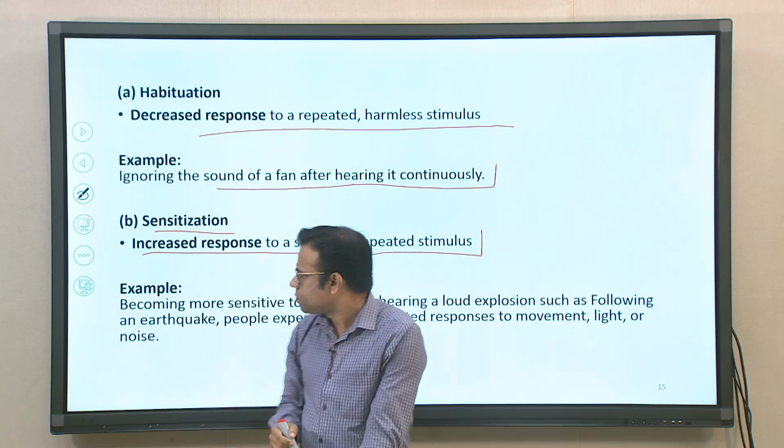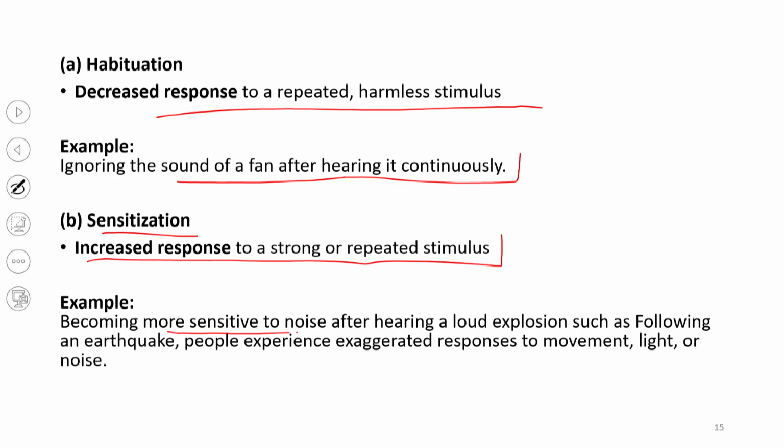For example, becoming more sensitive to noise after hearing a loud explosion. Sometimes whenever there is a loud explosion, we become more sensitive and we pay a little bit of attention to any sound. For example, following an earthquake, people experience exaggerated response to movement, light or noise.